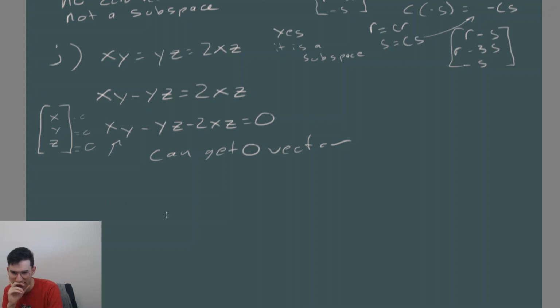I mean, we can pull a z out of 2 of them. So we get z times negative y minus 2x, and we have xy over here, equals 0. If you want to just solve for z in terms of the other two, and kind of narrow it down.